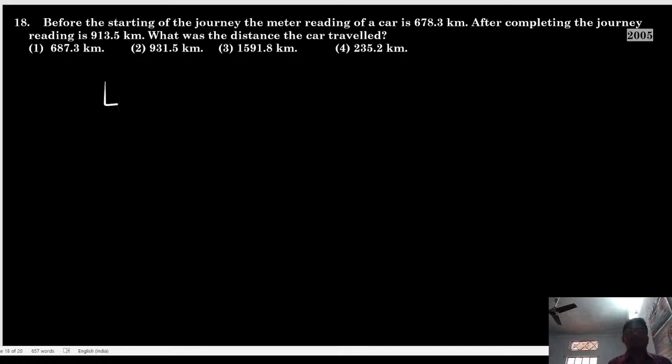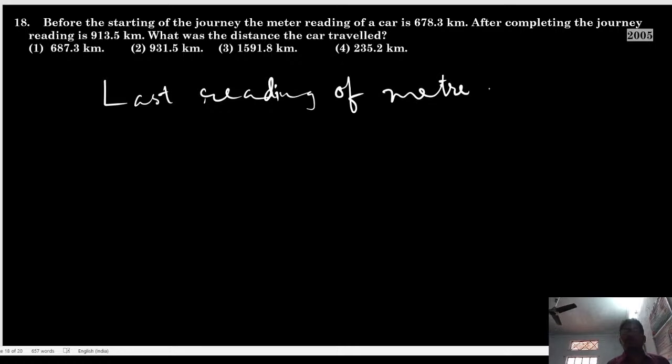Last reading of meter is 913.5 kilometers.